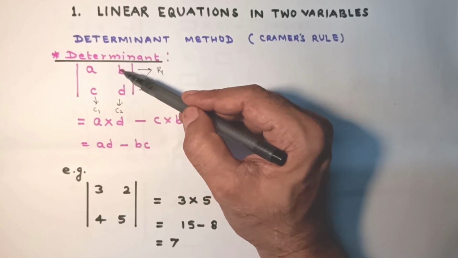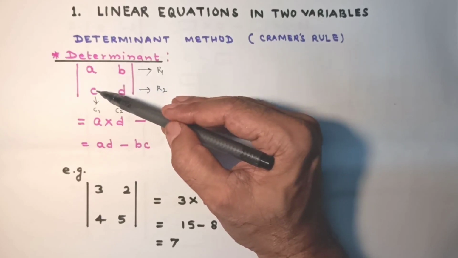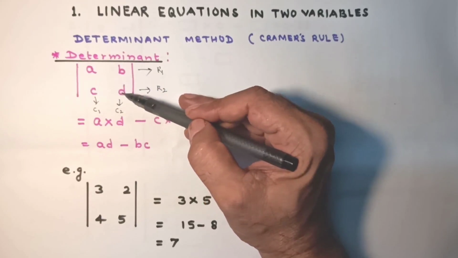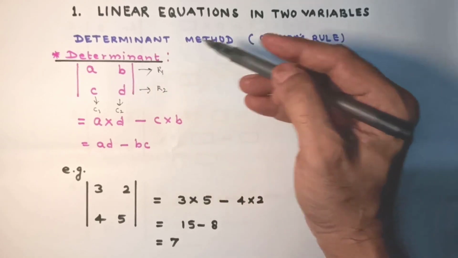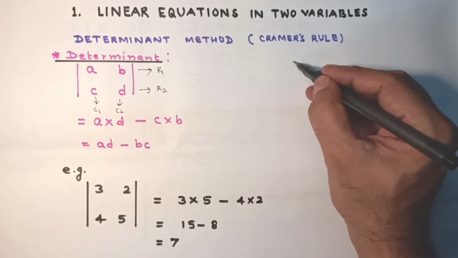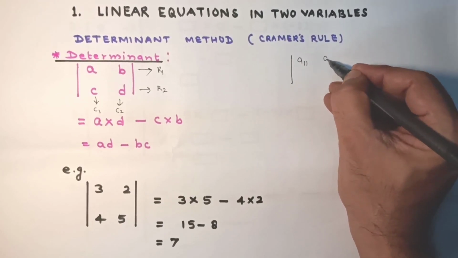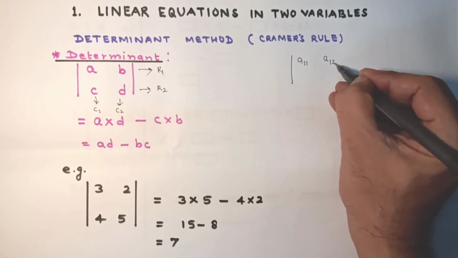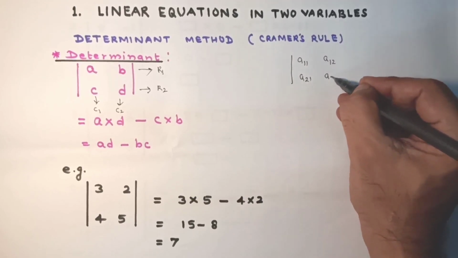Same way A12, first row second column, A21 and A22. So just for namesake I'm telling you, you can say A11, A12, A21 and A22.